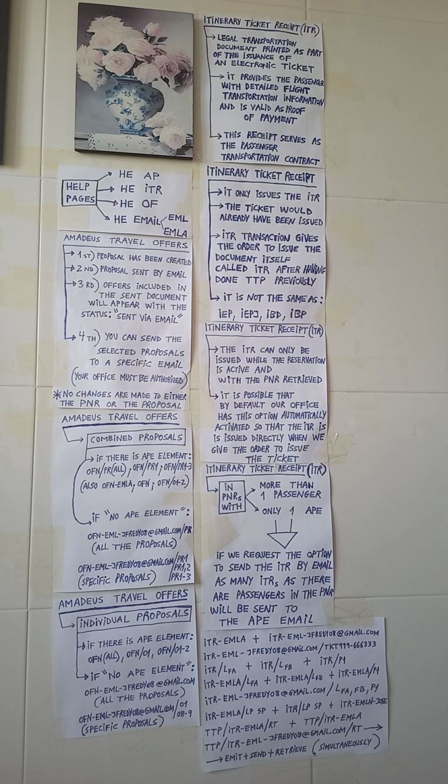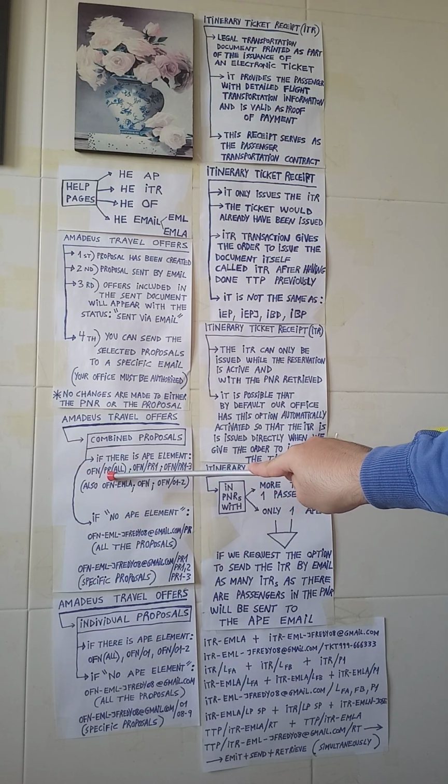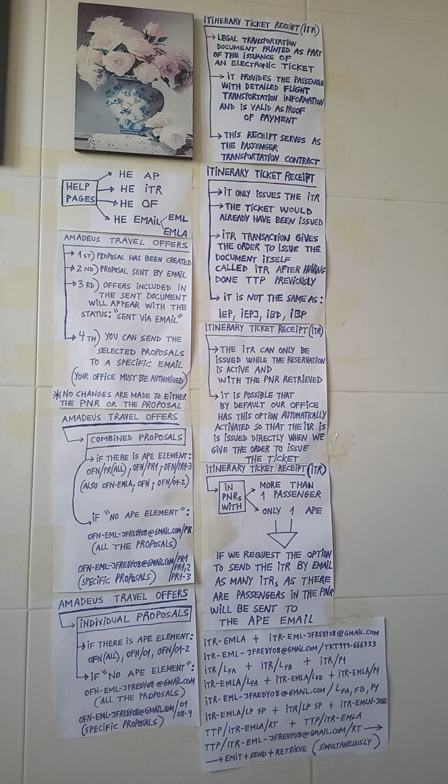Now, I am going to explain a few transactions that you can use to send combined proposals. When we have the APE item in the reservation, we can use the OFN/PR transaction to send all available offers.